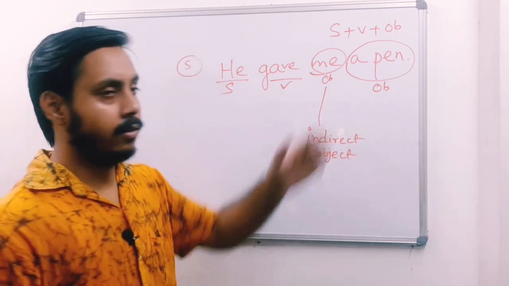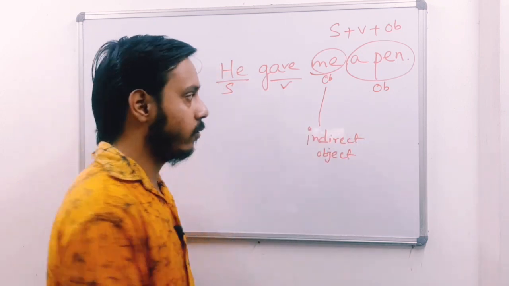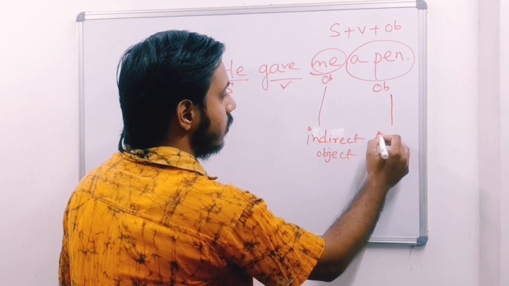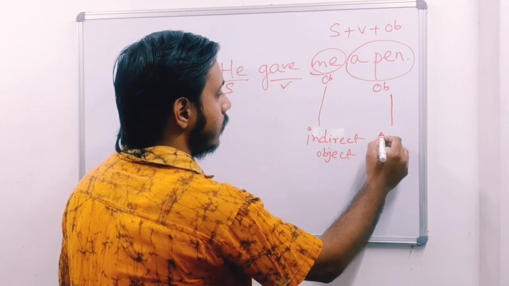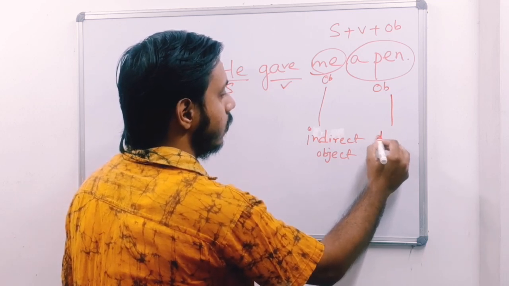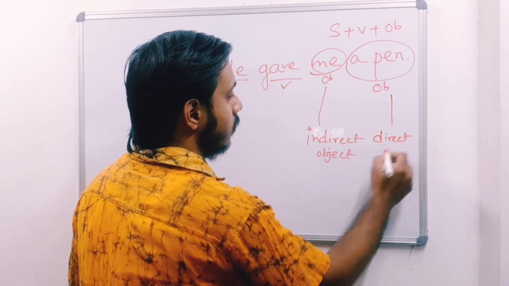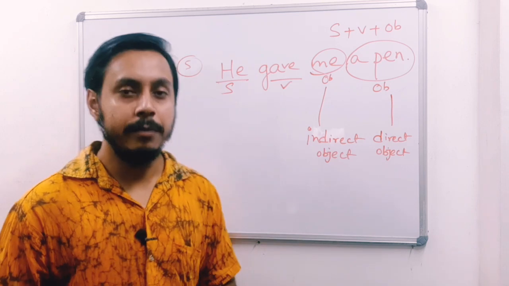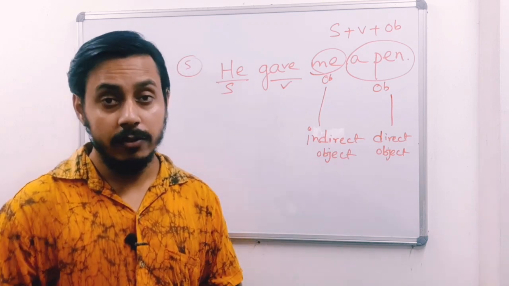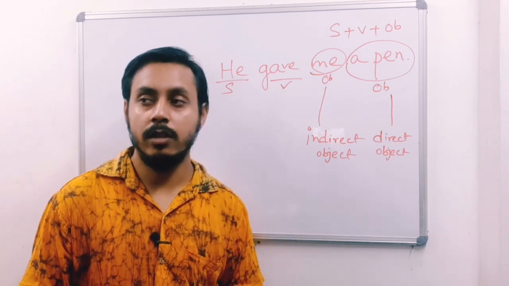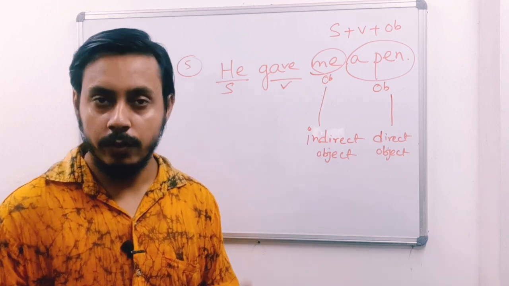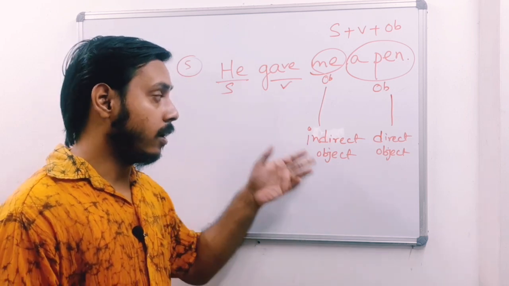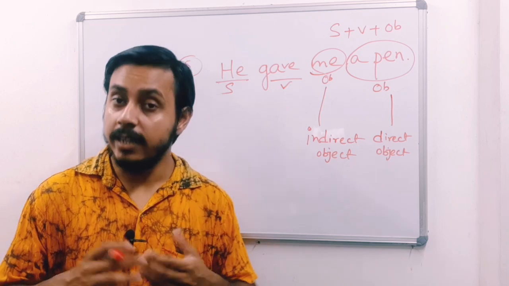And then a pen is a non-living thing, so we can categorize it as a direct object. So generally, if a verb carries more than one object, we are supposed to have first of all the indirect object and then the direct object.